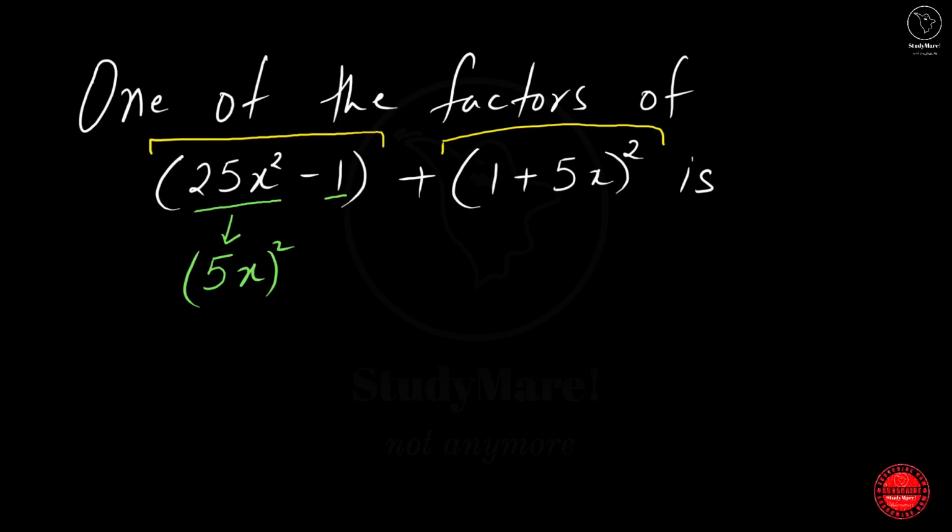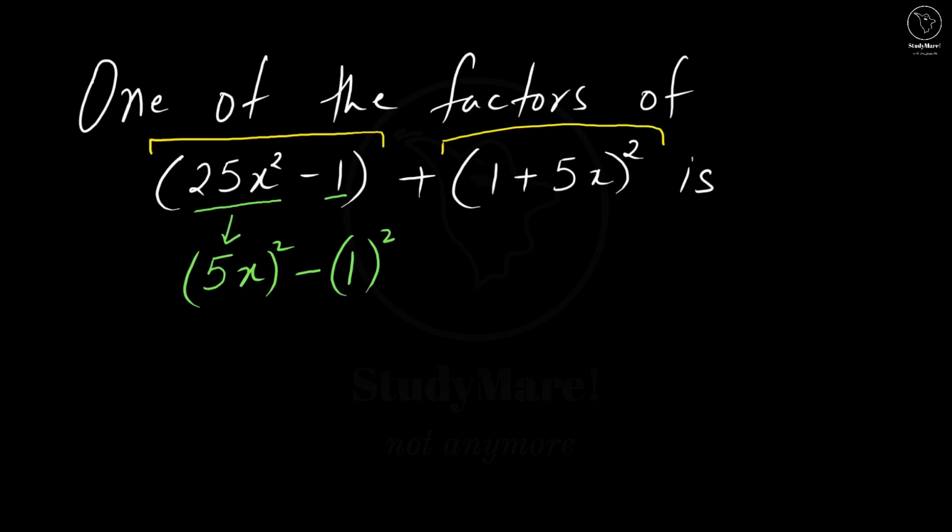On the other hand, we have 1, which can also be written as 1², and we have a minus sign here. Now you can get a crystal clear view that this is in the form of the identity a² − b². So now we got our first trigger point from where we can ignite the solution of this question.